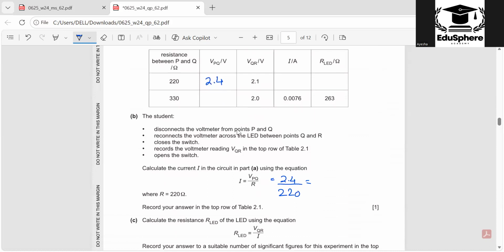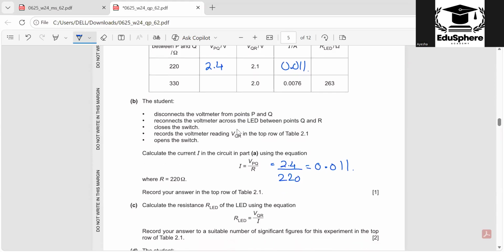From that we get the value of current as 0.011. So I'm going to write it here as 0.011. Now record your answer in the top row. So I have recorded it.